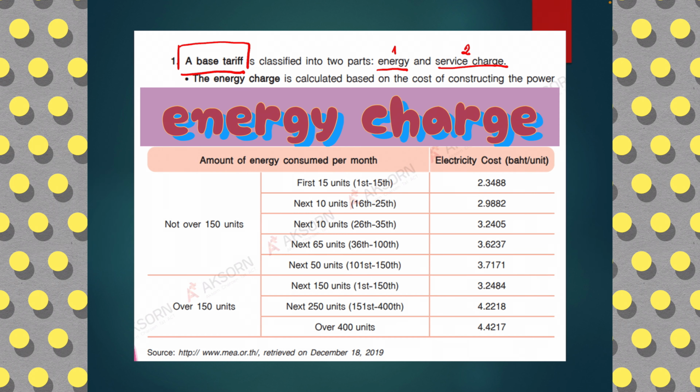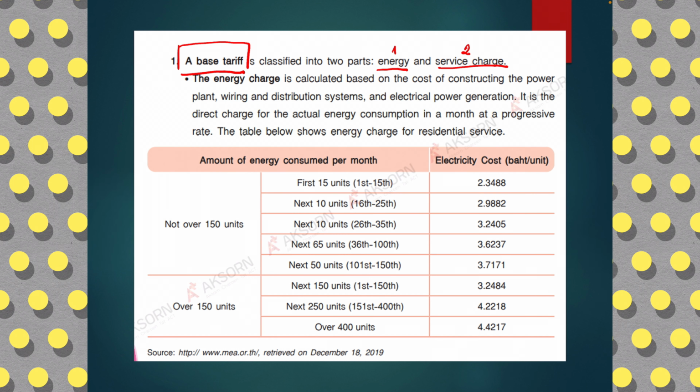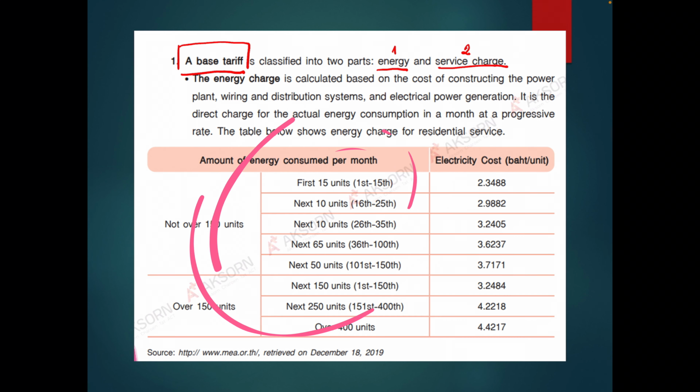The energy charge is calculated based on the cost of constructing the power plant, wiring, and distribution systems, and electrical power generation. It is the direct charge for the actual energy consumption in a month at a progressive rate. So you have to remember this table. So how to get the energy charge per month? Okay, so that's it.